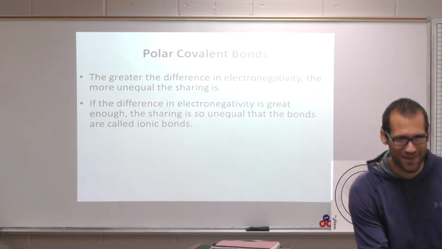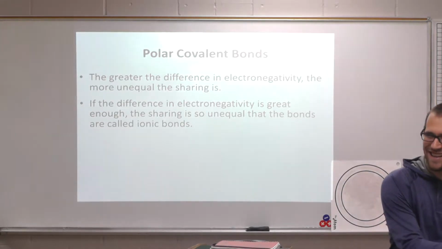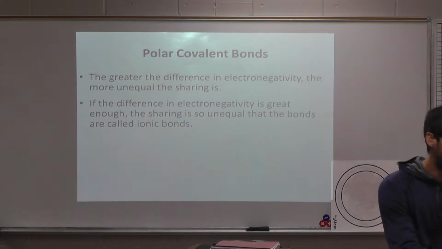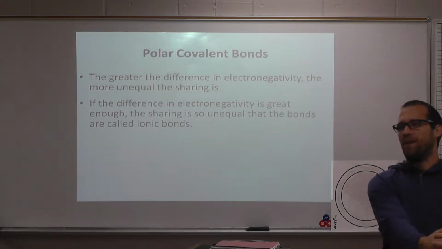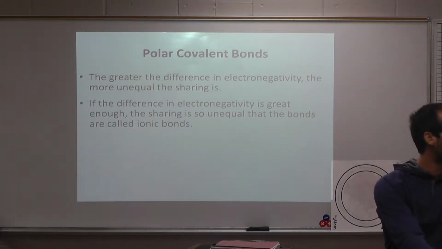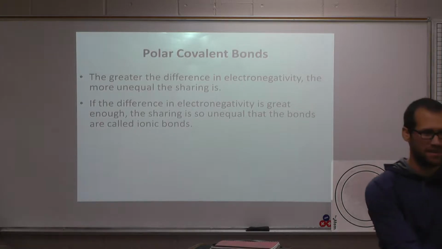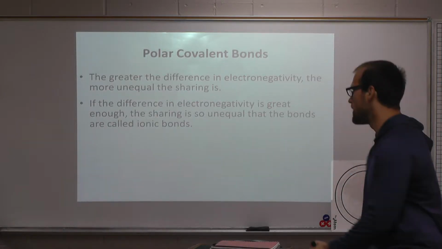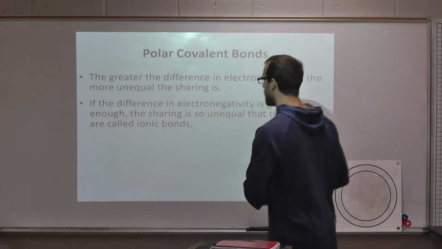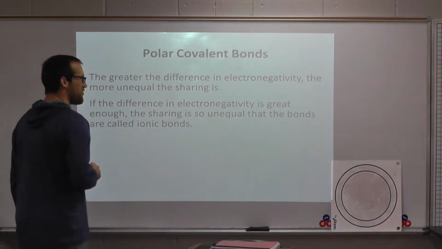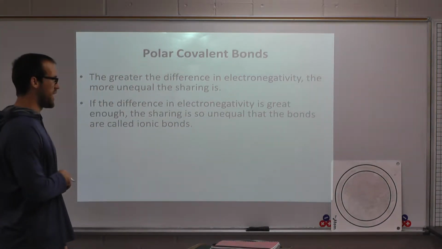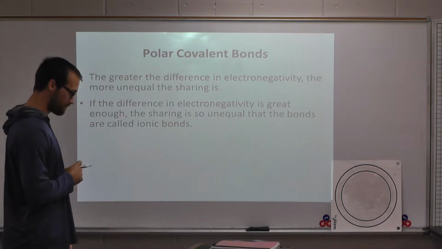Have we also talked about how there's really no such thing as an ionic bond? It's really just an extremely polar bond. However, if the electronegativity difference is great enough, we give it a new name and call it ionic.